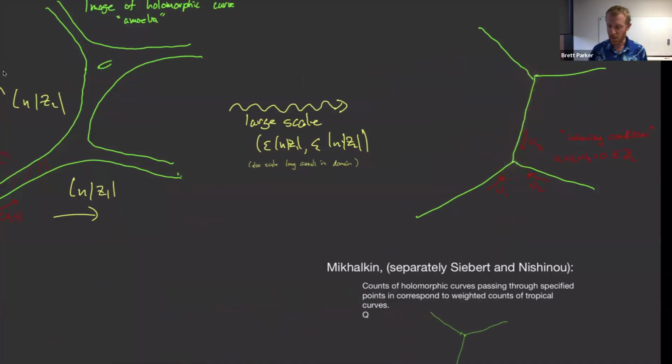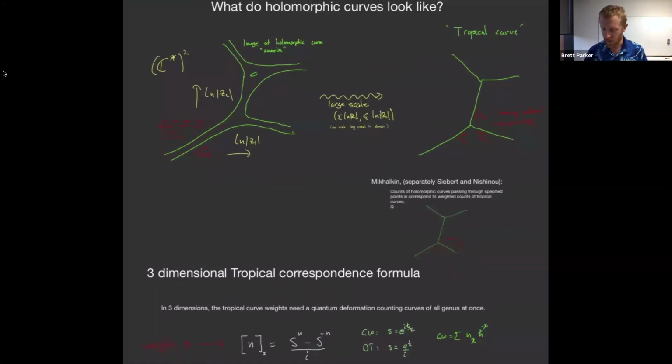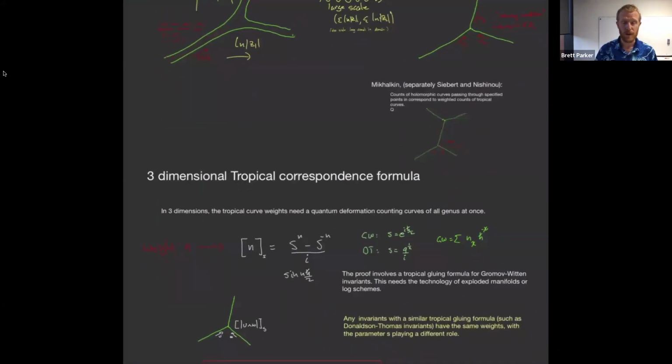So there's some gluing formula for that, for reconstructing Gromov-Witten invariants from tropical curve counts and holomorphic curve invariants at vertices, which works in general.